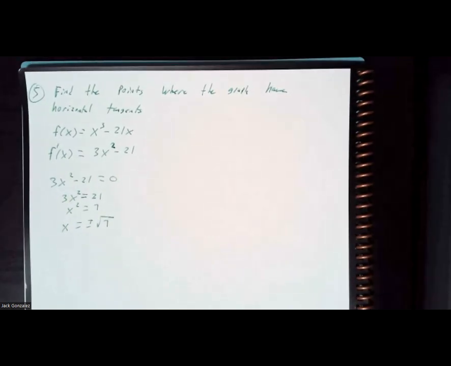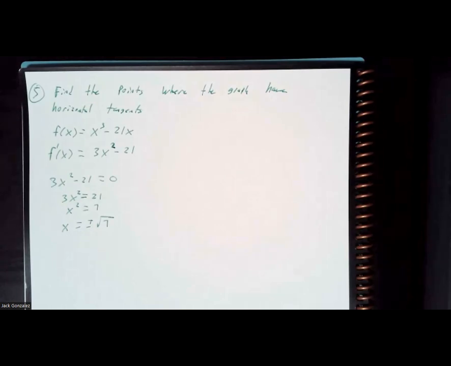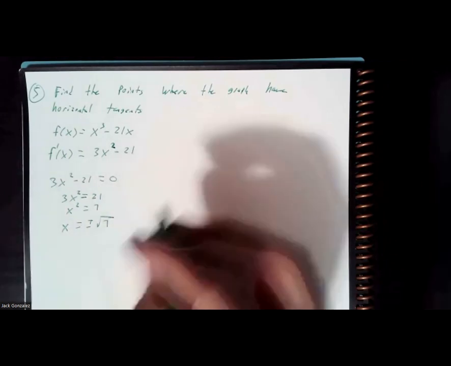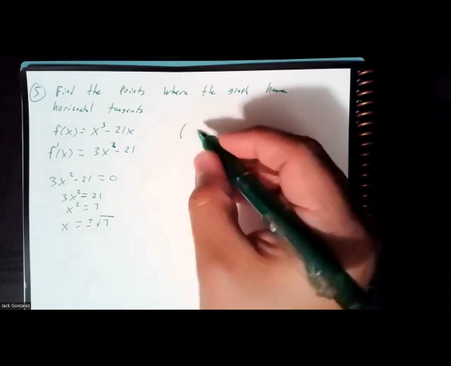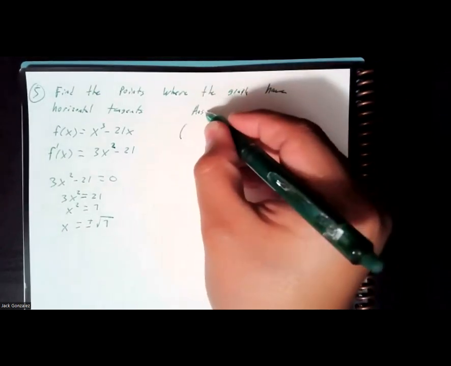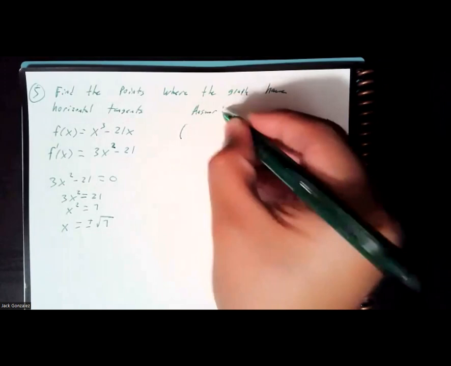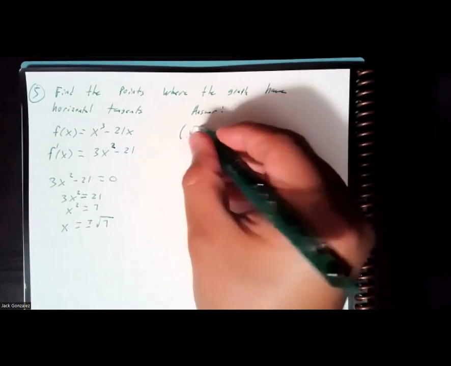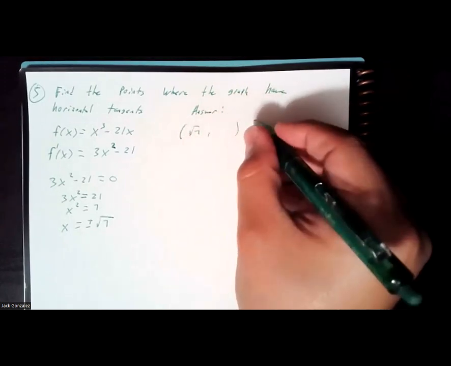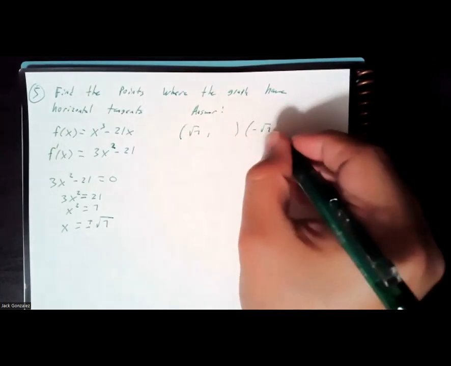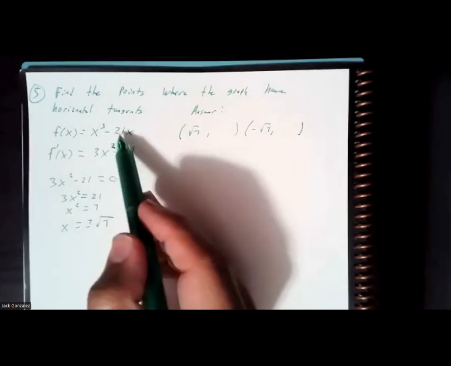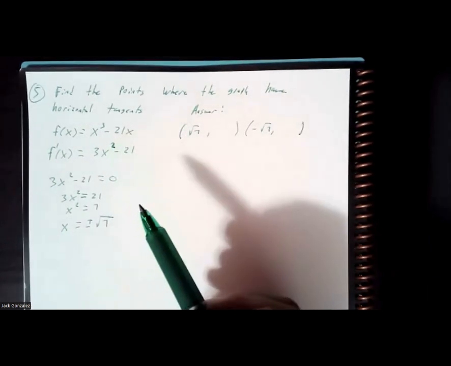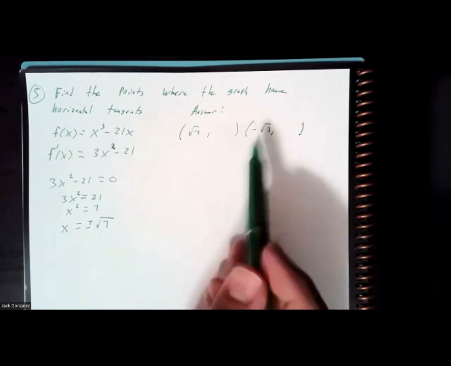So this is the x value that has a horizontal tangent. So the answer will have square root 7 for an x and negative square root 7 for the other x. So there's 2 locations. You can also graph this and you'll see them. But this is the work to show it.